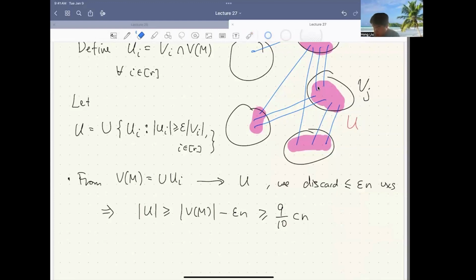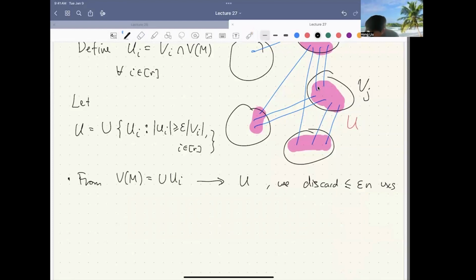What I want to say is the number of vertices we discard is less than the size of the matching, Cn over 2, which is less than the size of the matching.